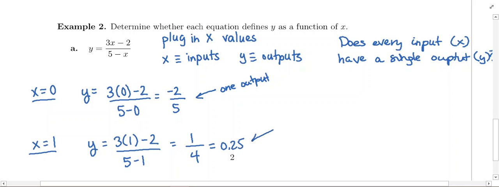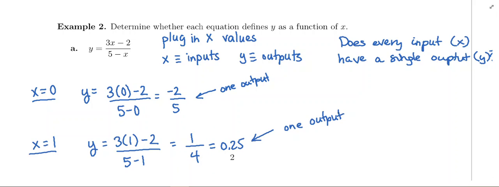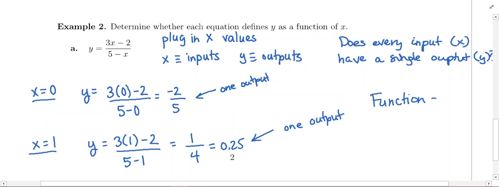This is again one output. You can try other things if you're still not convinced. Every time you pick an x value, you're going to get a single output. So this is a function. Every input has a single output.